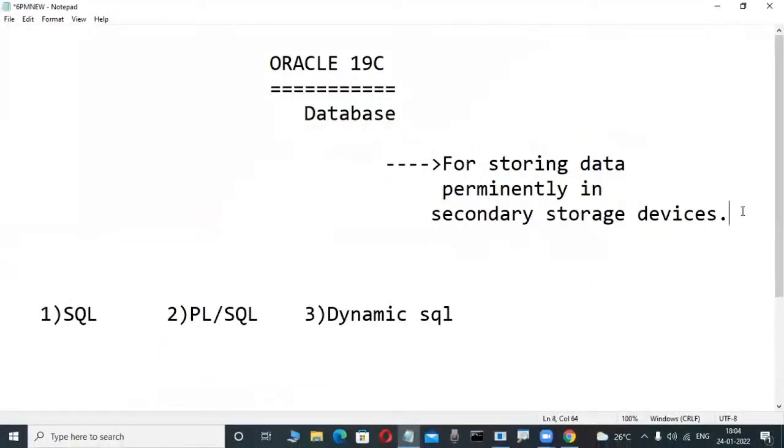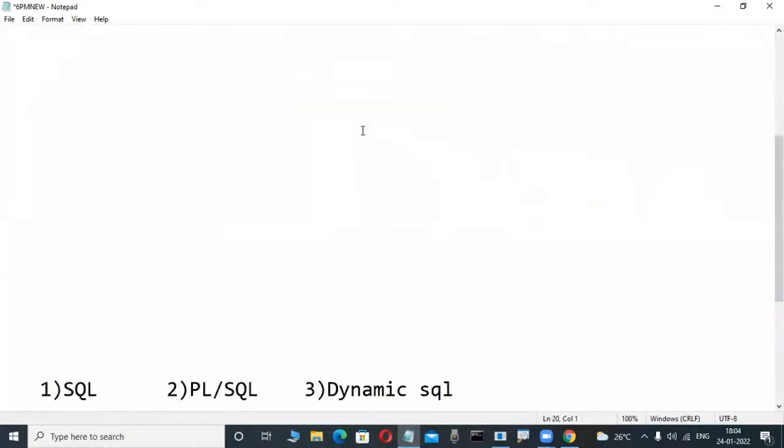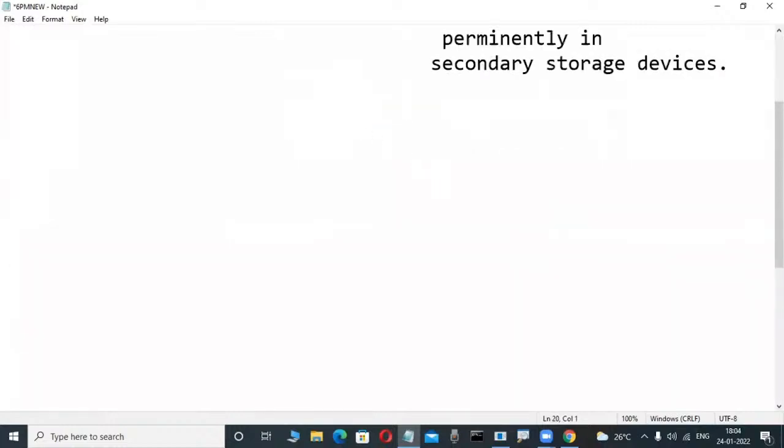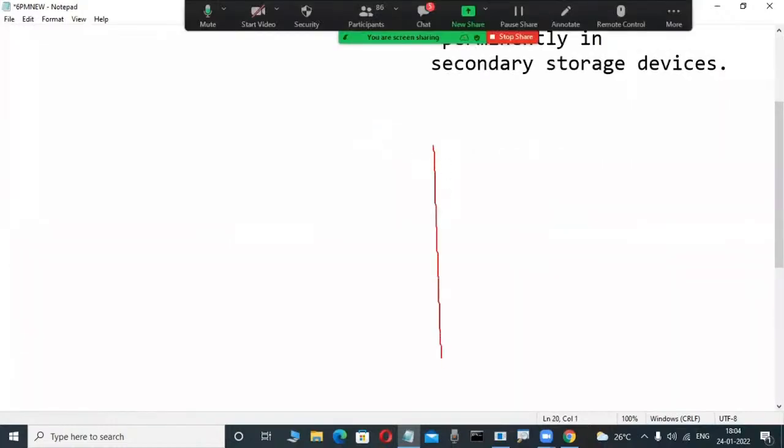As I told in previous classes, observe slowly here, a database is a place. Whenever we install Oracle, SQL Server, DB2, these types of databases in our system, automatically one place is created. That is called a database.